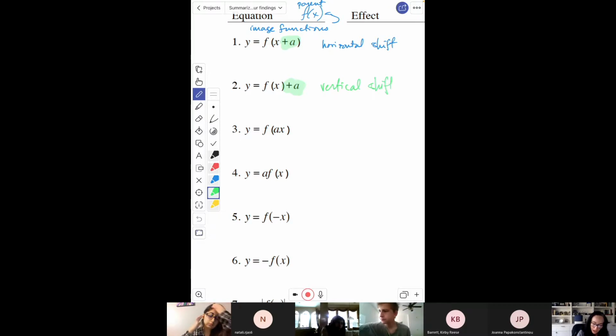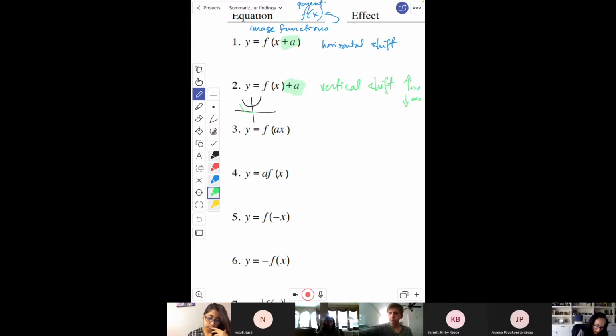So if A is positive, it moves it up, and if A was negative, it moves it down. And so you should be able to recognize it. If I were to give you a function, let's say something that looks like that, and that's the parent. If I said -2, you should see that the graph has shifted down.